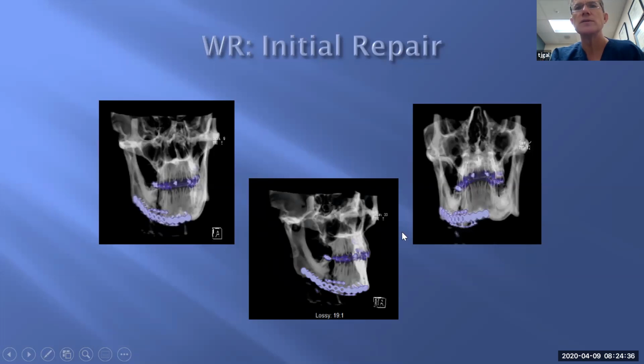The films don't really show the severity of that fracture. It was a terrible fracture. Not a terrible repair, but probably should have just chunked out a lot of that bone and replaced it. But we didn't, and so it started to drain.